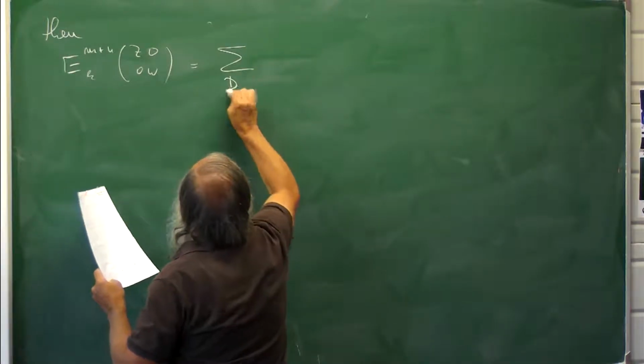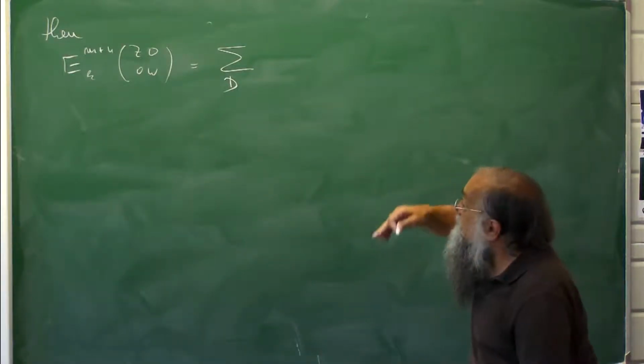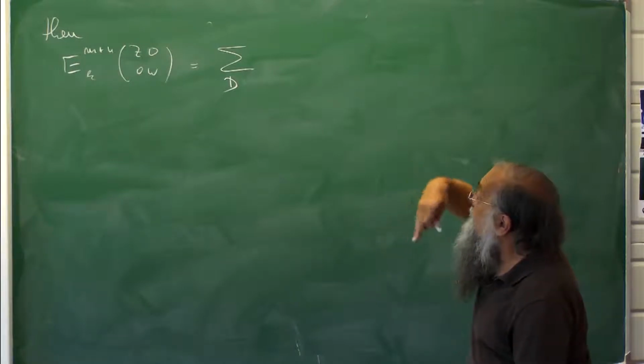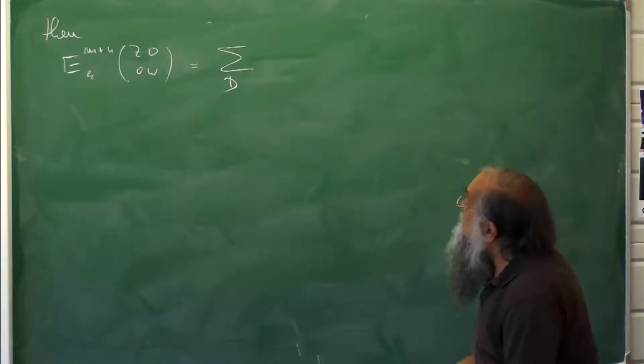This is the sum over D, all elementary divisor matrices of size n and rank R.